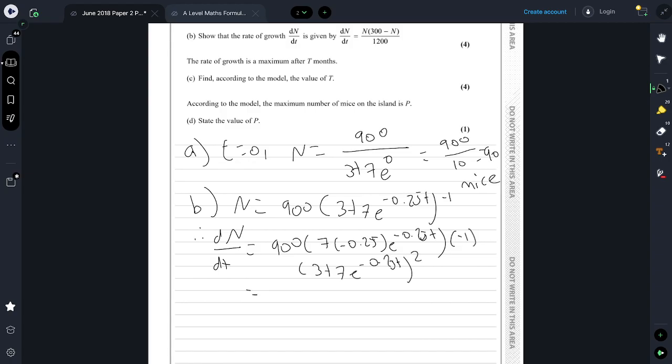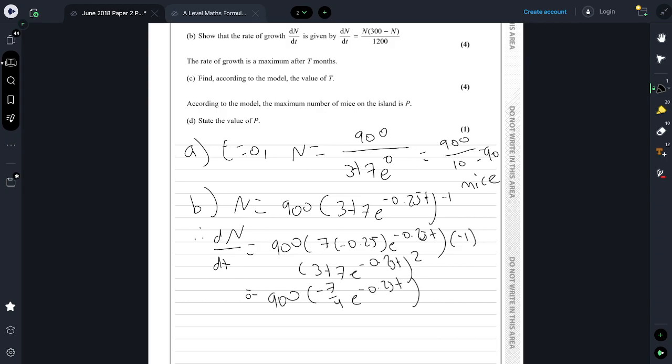They did tell us to show that, so if we get the right answer, then this is right. But anyway, let's simplify this. So you can have 900 of 7 times minus 0.25, which will be minus 7 over 4, e to the minus 0.25t.